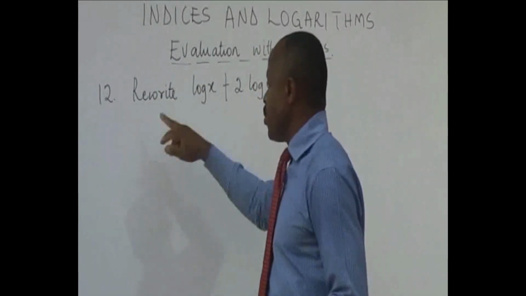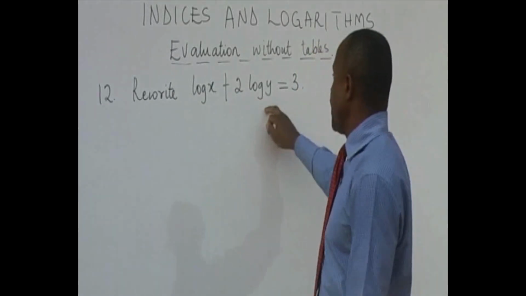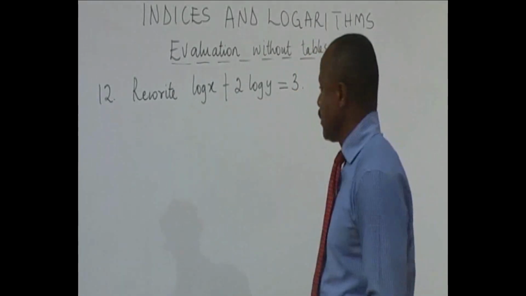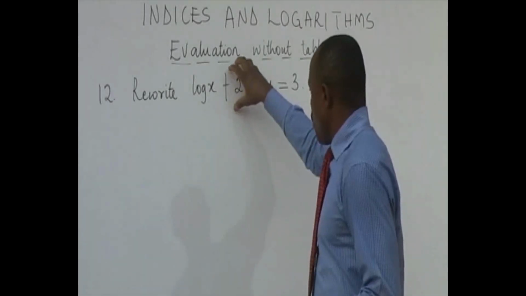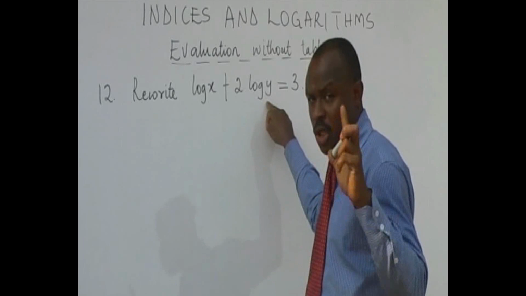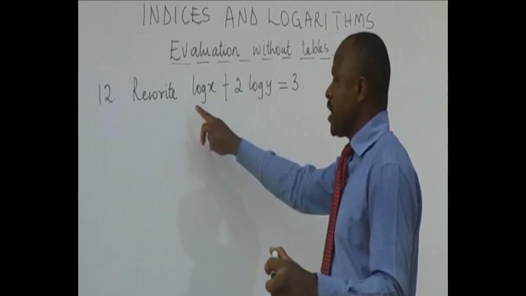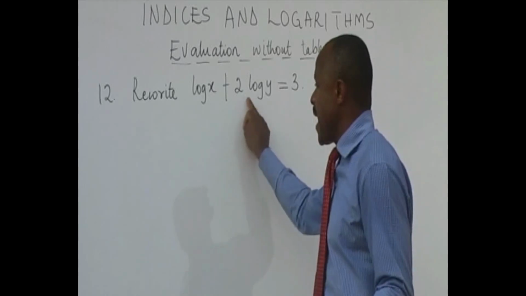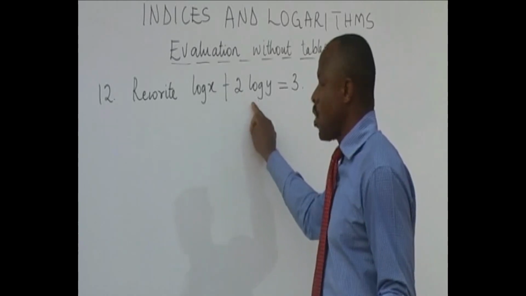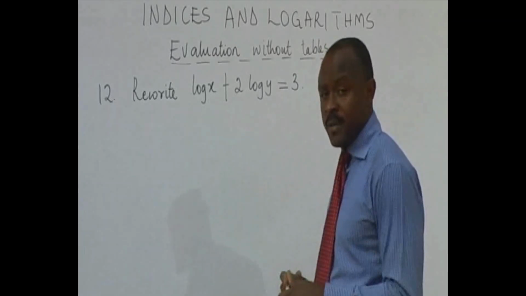Question number 12 said we should rewrite log x plus 2 log y is equal to 3. We are going to change 2 log y respecting the third law of logarithms. After which, we will change log x plus whatever we get as the value of 2 log y respecting the first law of logarithms.